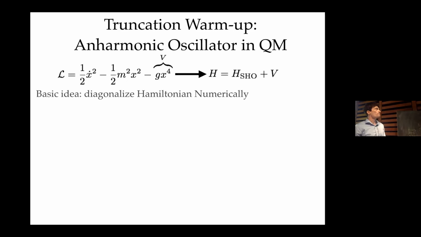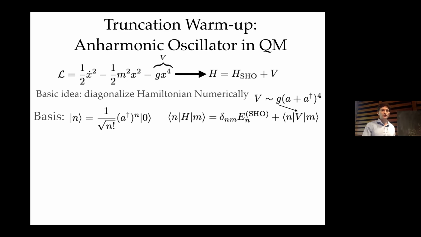All right. And the basic idea of how Hamiltonian truncation works is we're just going to diagonalize this Hamiltonian numerically. So to do that, we want to turn it into a matrix with concrete entries. And so we have to choose a basis. A natural basis to choose is the basis that diagonalizes the part we know how to solve, the simple harmonic oscillator part.